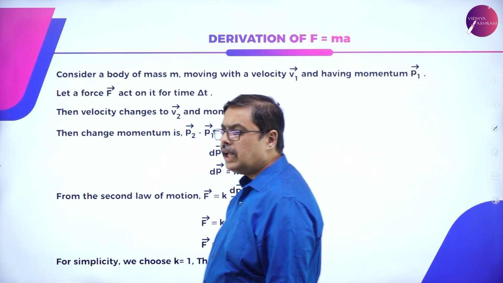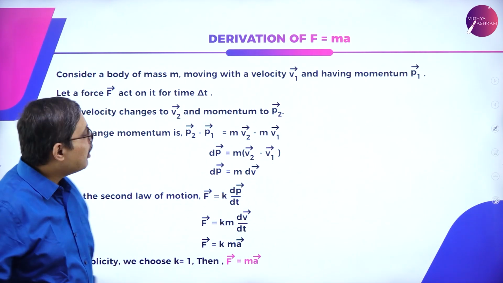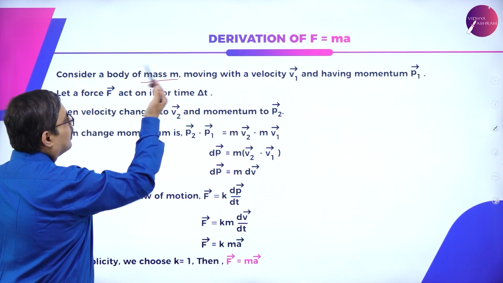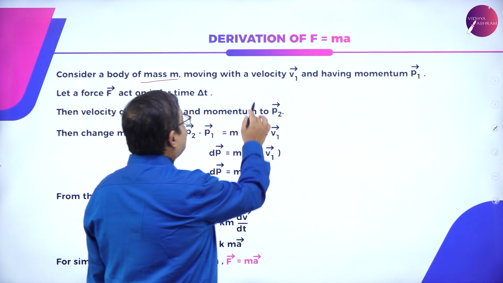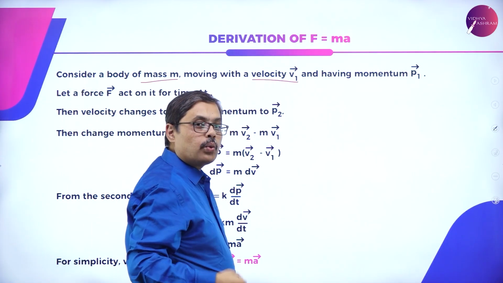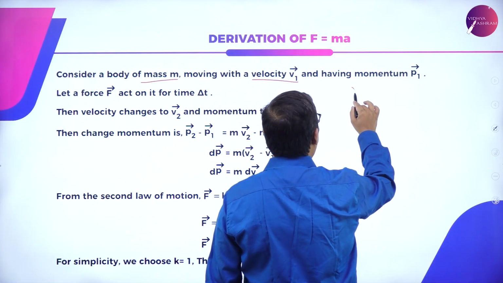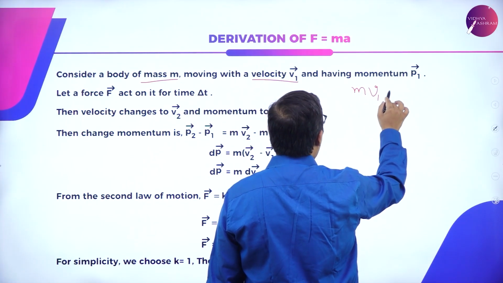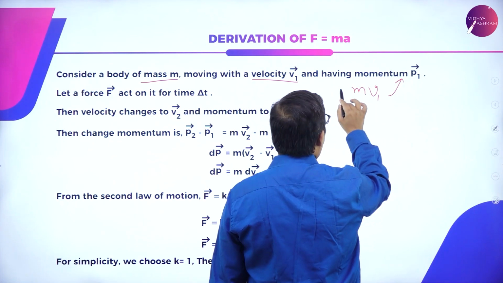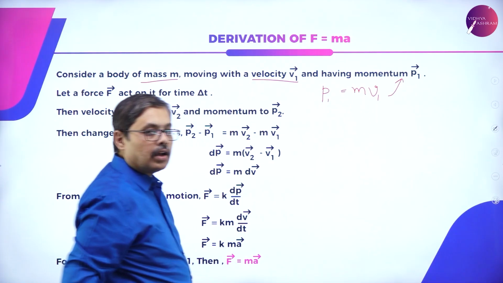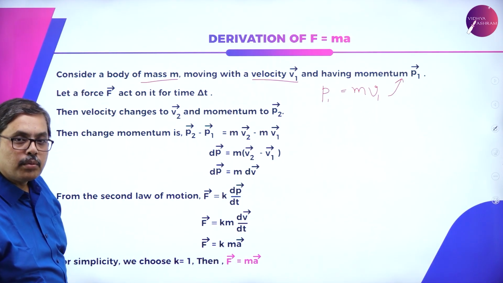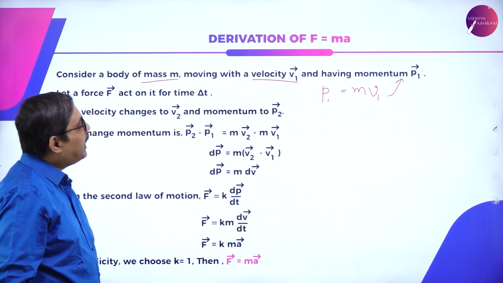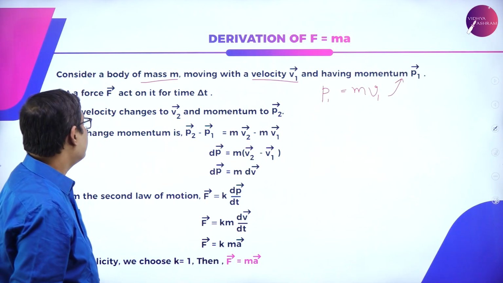Okay. Consider a body of mass m moving with a velocity v1. So when a body is having mass and moving with a velocity v1, it will have momentum. Let us call it p1.